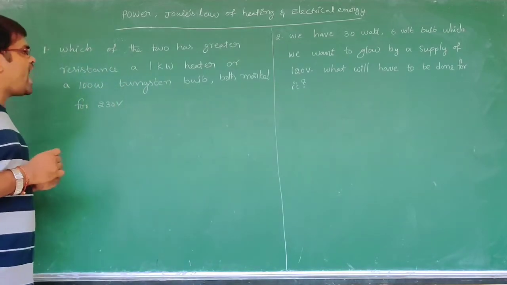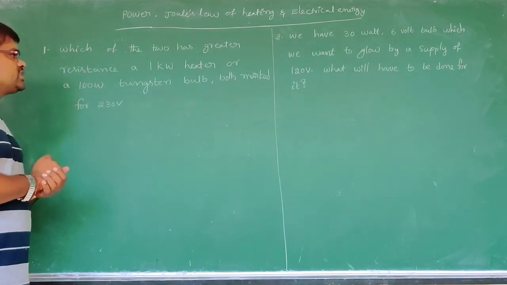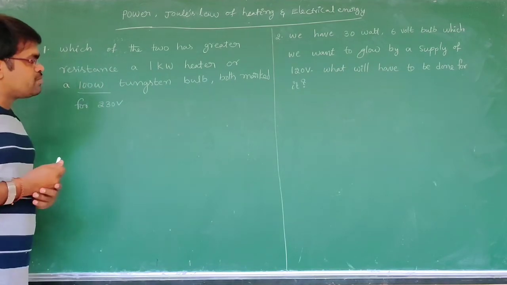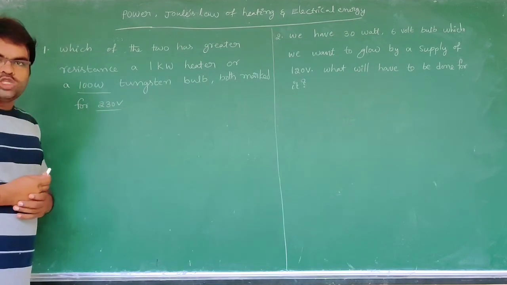Which of the two has greater resistance, a 1 kilowatt heater or a 100 watt tungsten bulb, both marked 230 volts?